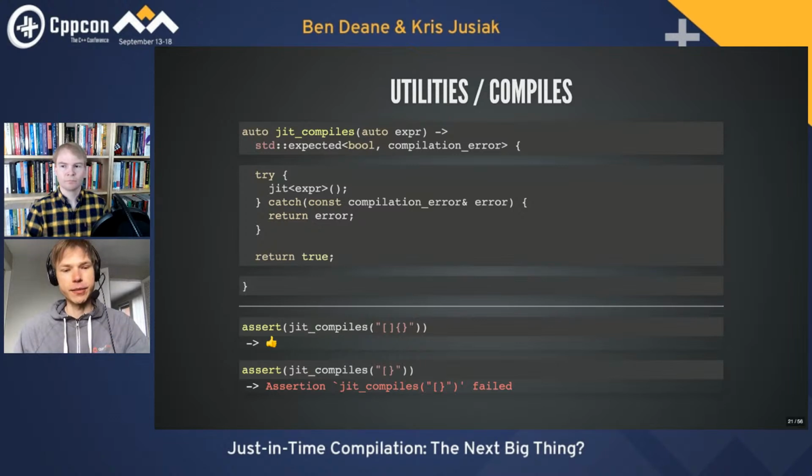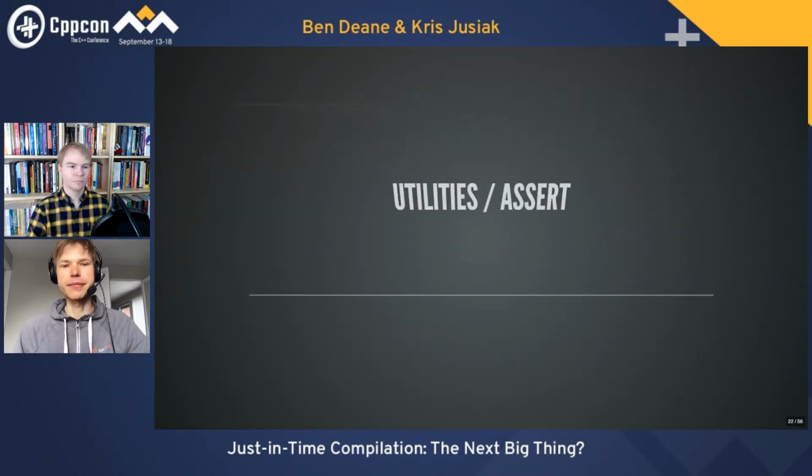So imagine that. jit_compiles of the lambda works as expected. If you pass something which doesn't compile, that will just fail the assert. So we moved it from AOT to JIT time and go back to the AOT time in a sense with the assert as well, which is the runtime.